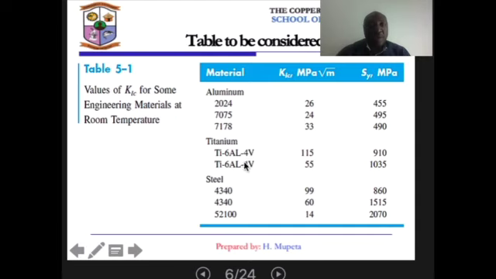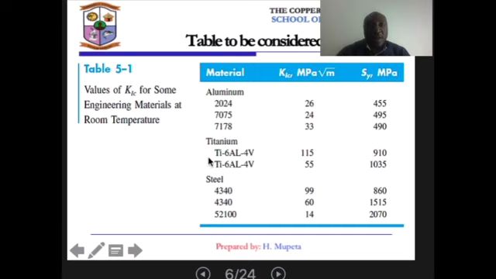We have two titanium alloys, and what differentiates them is their yield strength. From the yield strength, we can know which one is the stronger alloy and which one is the weaker alloy. The weaker alloy has a lesser yield strength than the stronger alloy.